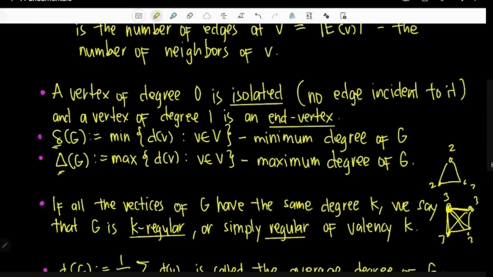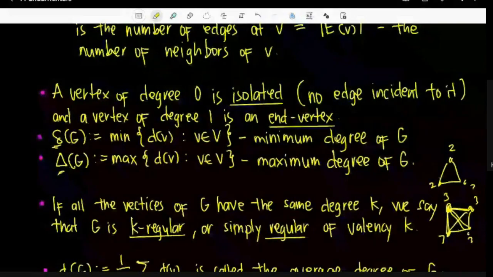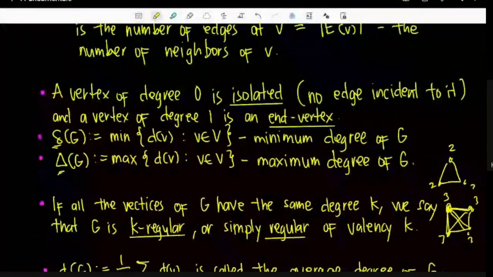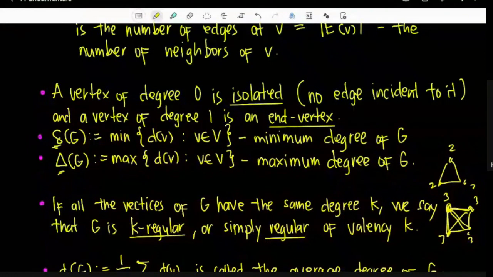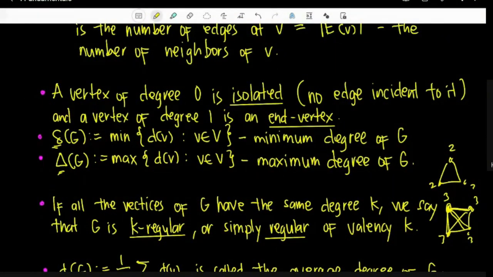So, a complete graph on n vertices has what degree? Complete graph of n vertices. In general, when there are n vertices, what is the degree of that graph? Anyone? For K3, the degree is 2. For K4, the degree is 3.